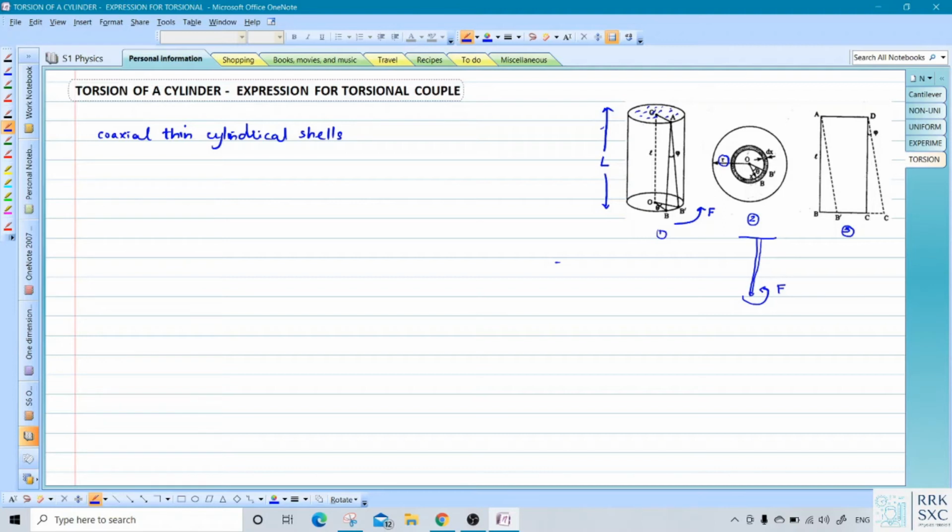And we assume that the radii of these cylindrical shells start from 0 and go up to R, because 0 is the midpoint, and R, in the second figure you can see I have circled R. This R is the total radius of the cylinder. So all the other thin coaxial cylindrical shells will be lying between 0 and R.